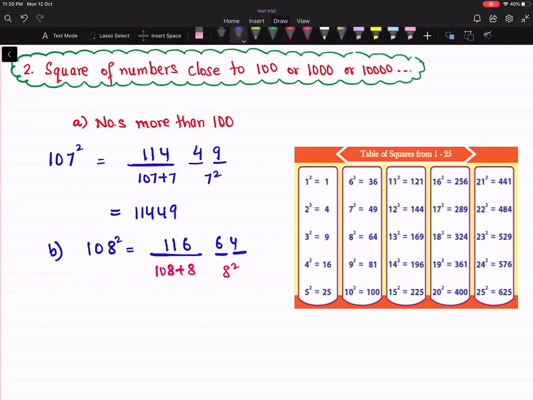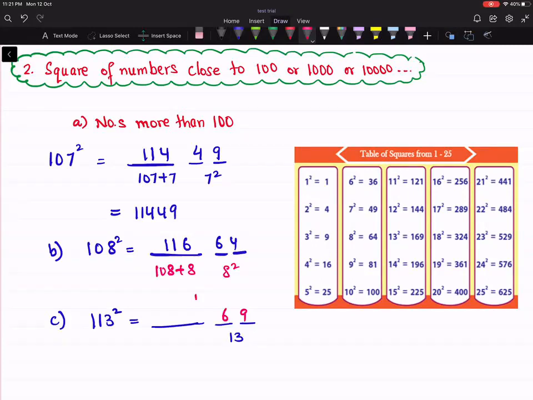So let's take a slightly bigger number. If I'm interested in 113 square, so again in two parts. So here you should be aware of 13 square. If you don't know 13 square, sorry, you can't find 113 square so easily, right? But if you know 13 square, 13 square is 169. So this 69 is here and 1 will get carried forward, right?